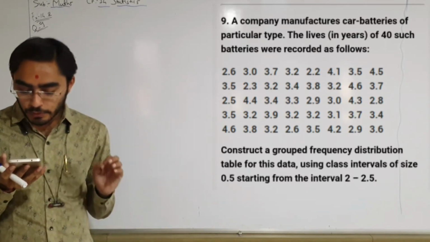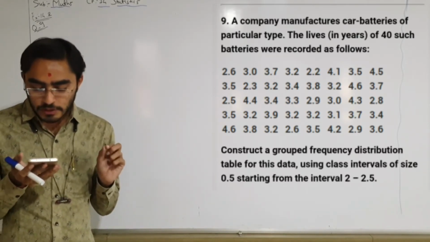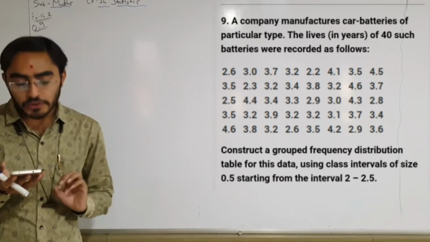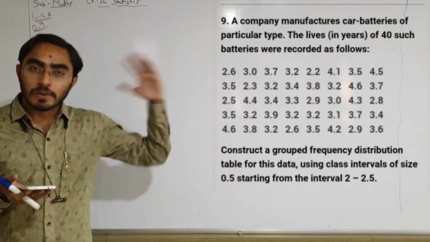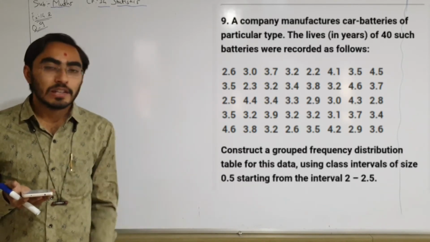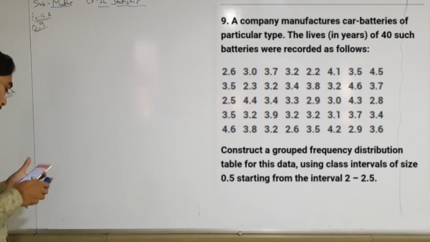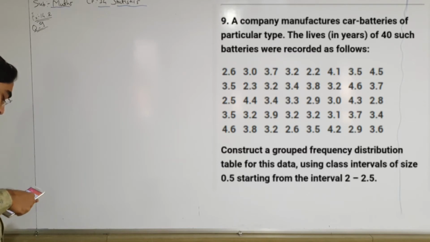Largest value is 4.6. Smallest value is 2.2. So we need to cover our smallest value and largest value. Okay. So here, first of all, we need to make the class intervals. So in that, life of battery is given to us.